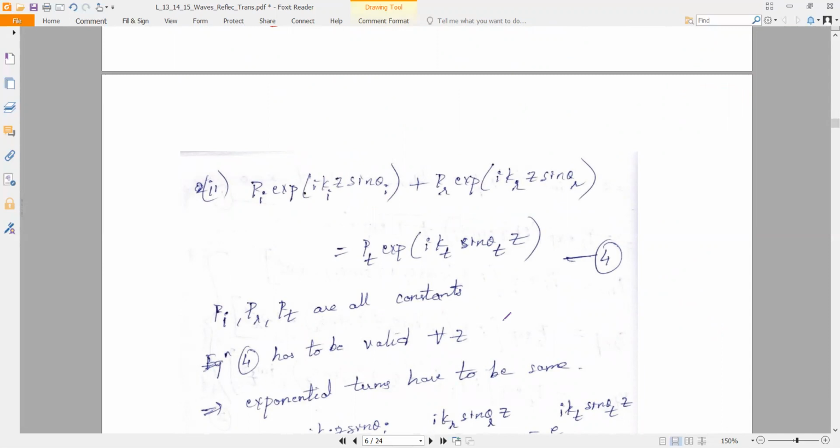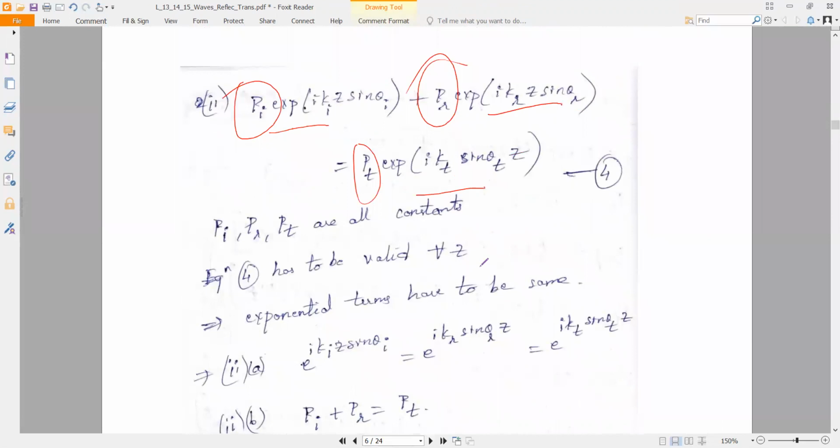And for this expression again to be valid at all values of z, the only way is these are constants Pi, Pr, and Pt, and you have exponential terms. The only way this is possible is all the exponential terms should be the same. And hence you equate all the common phase. Remember, this was the phase, whatever is there with iota.